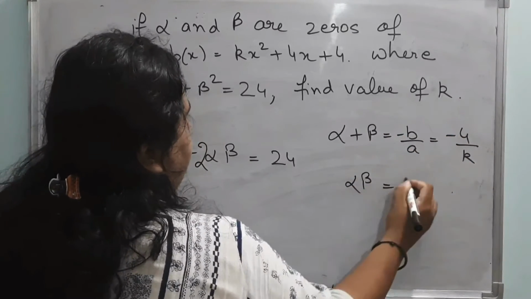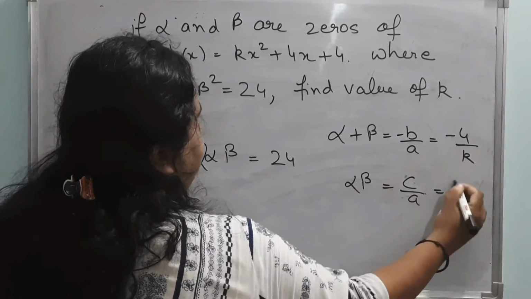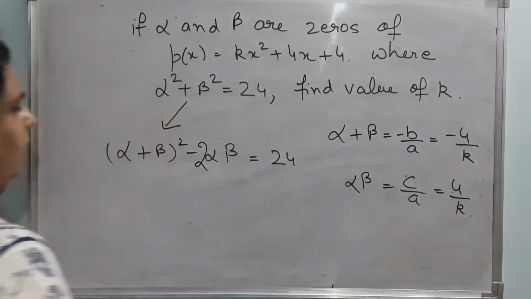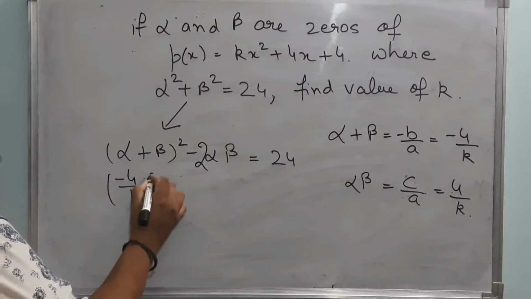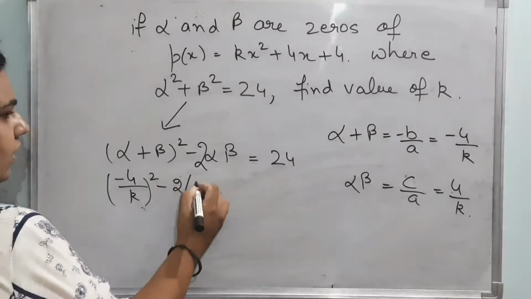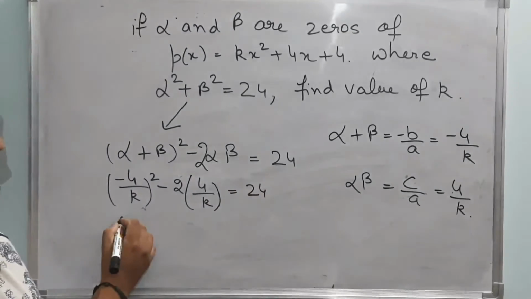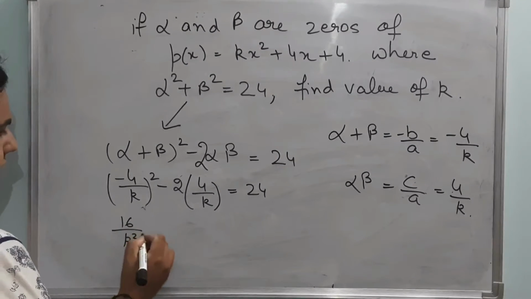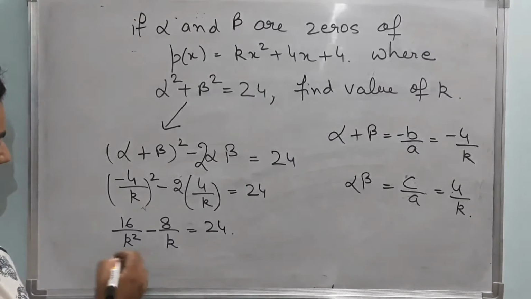And alpha beta is c on a, which equals 4 on k. Now put the values. Minus 4 on k whole square minus 2 into 4 on k equals 24. This is 16 on k square minus 8 on k equals 24.